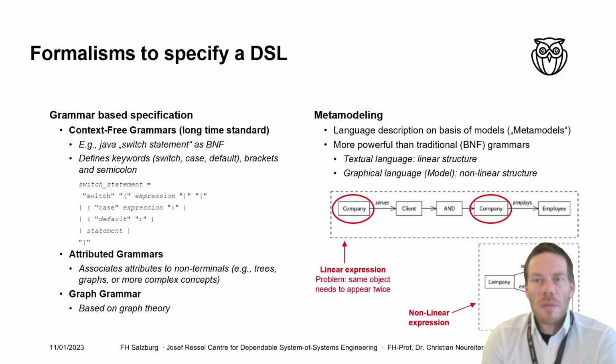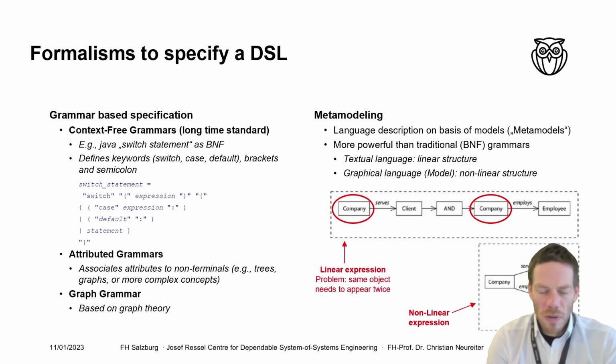The formalism that we can use to specify such a DSL in our case is typically meta modeling. This comes with a certain benefit in contrast to classical grammar-based specifications or textual specifications, as we know from computer science, because here we are not constrained by linear expressions, as we can see, for example, in this image.